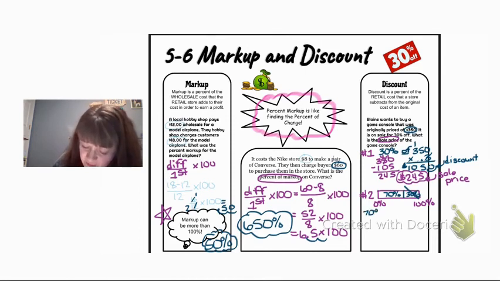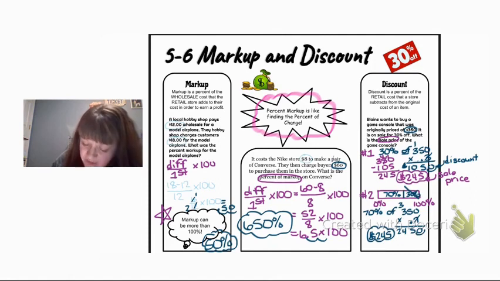So if they're going to take 30% off, then that means you're going to pay 70% of 350. So we could do 350 times 0.7, and then we won't have that subtraction step to worry about because we're calculating what we would pay instead of what we would save. 7 times 3 is 21, plus 3 is 24. One number after the decimal, one after the decimal, and we get 245.